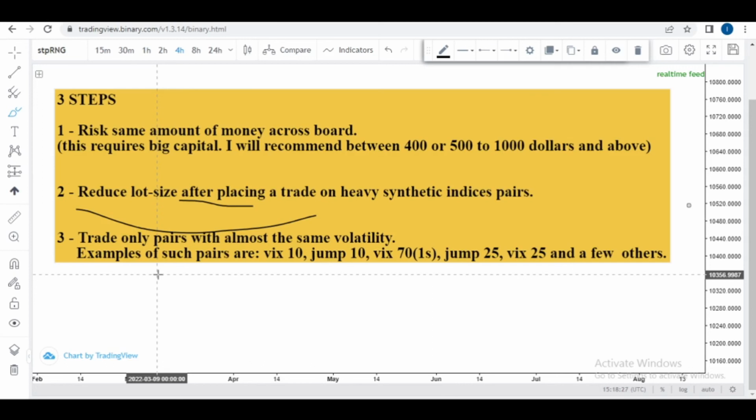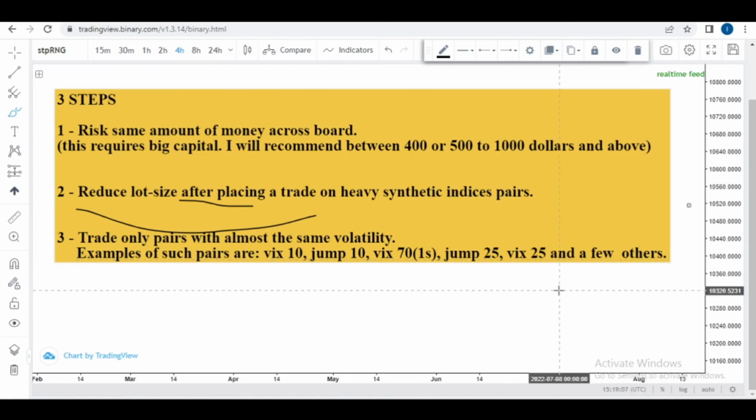Examples of such pairs are VIX 10, Jump 10, VIX 75. VIX 10 is the pair with the least volatility in synthetic indices. Then you can also trade Jump 25, VIX 25, and there are a few other pairs that you can trade like that. If you actually trade synthetic indices, I know you know these pairs you can trade.